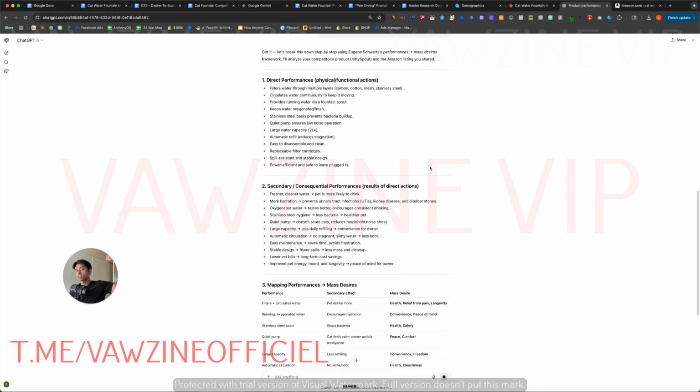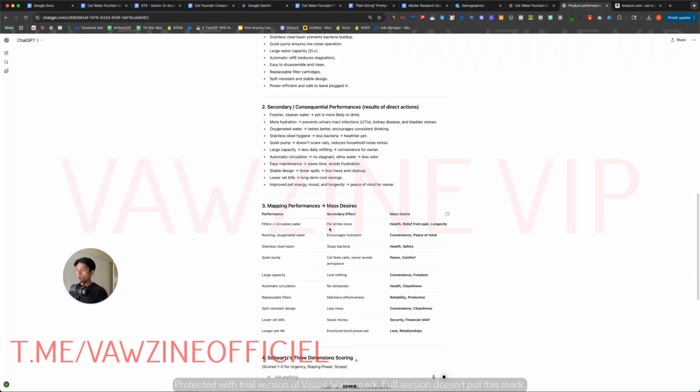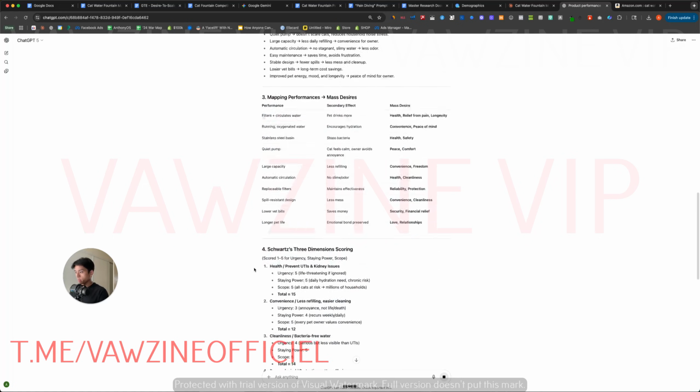Of the things that your product does, what does that give people or allow them to do? Then it's going to map these performances to specific desires. As you can see, we have the performance: filters and circulates water. The effect is that the pet drinks more, and the pet drinking more satisfies the desire for health, relief from pain, and longevity.